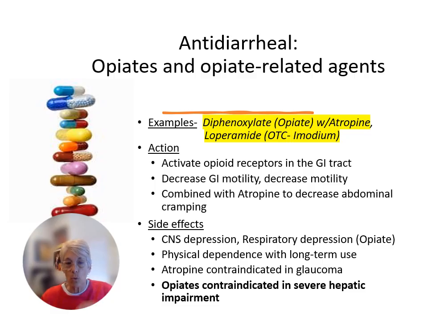Now, when we slow down the motility, we can have cramping, kind of an upset stomach in the belly, and that cramping is really the big thing. So we combine it with atropine, which is an anticholinergic, and we can take care of some of that cramping. But with that, we're going to have those anticholinergic effects.